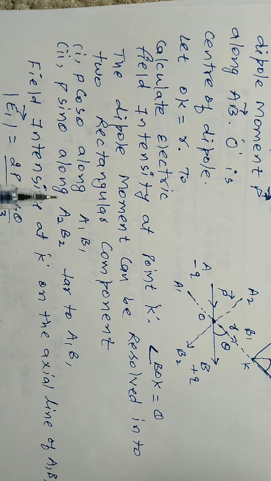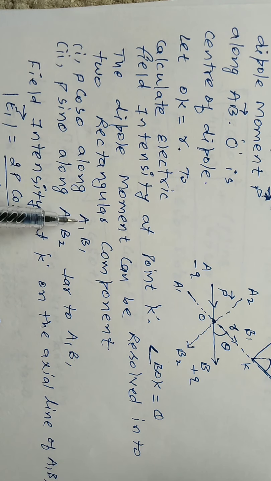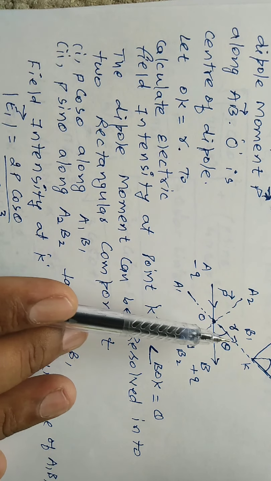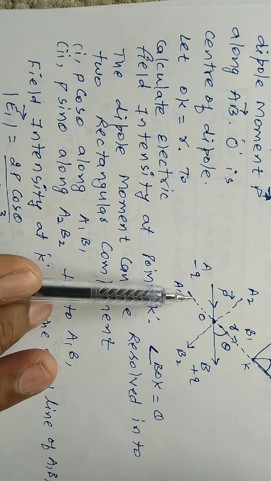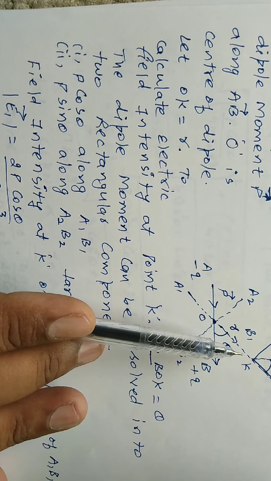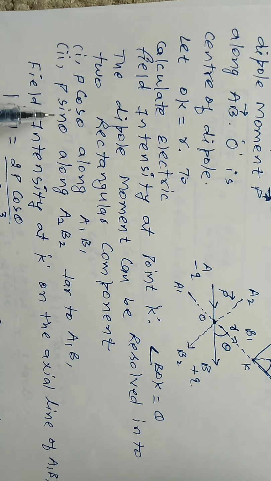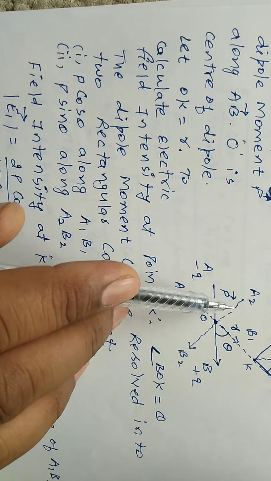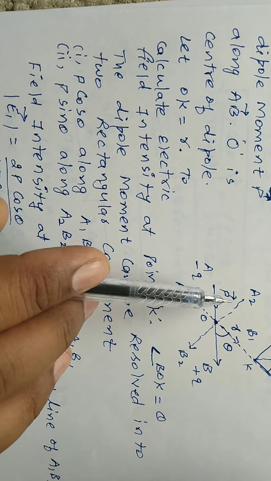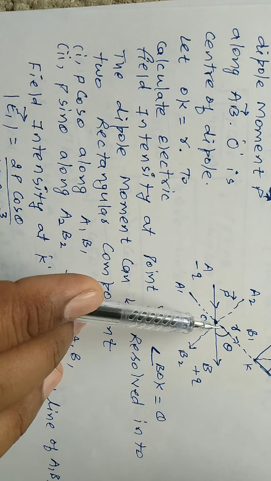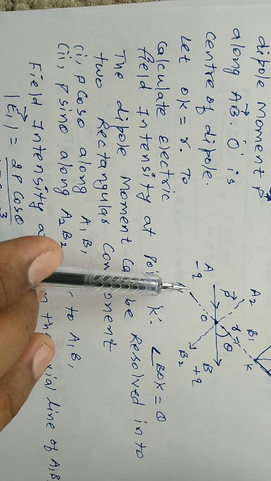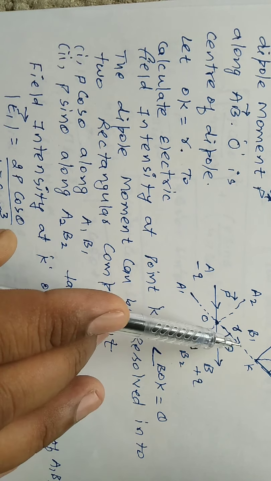First, P cos theta along A1 B1. Second, P sin theta along A2 B2. This A2 B2 is perpendicular to A1 B1.